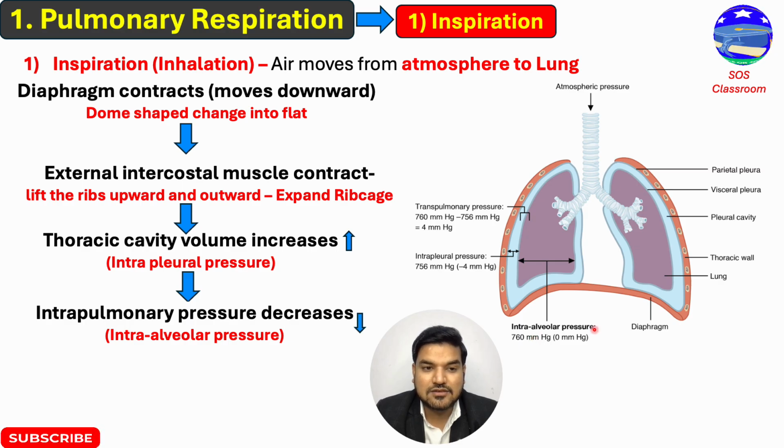So when the thoracic cavity volume increases, the intra-alveolar pressure decreases, and outside in the atmosphere the pressure is higher. Then the process of diffusion occurs. From the external environment there is high pressure, and in the internal environment there is low pressure.